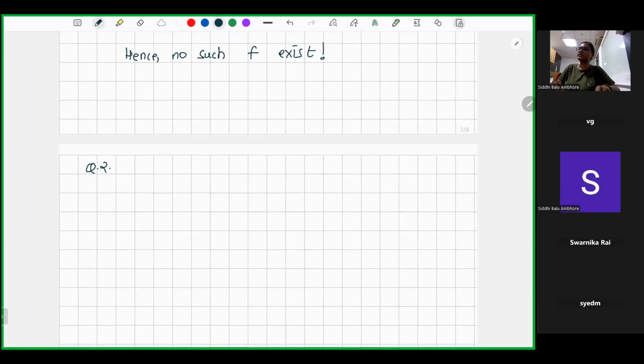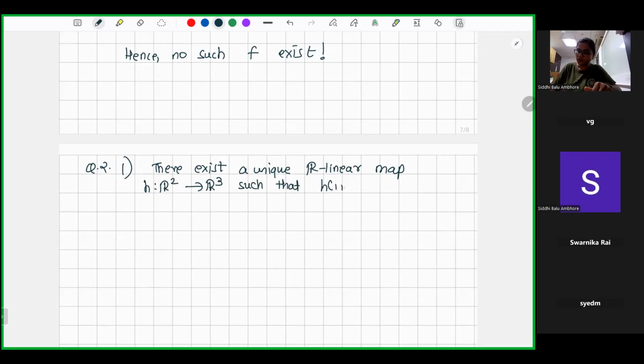What they are saying is that, since we have already calculated this, there exists, let us check, a unique R-linear map h from R2 to R3, such that h of (1, 2) is (1, 0, 0) and h of (2, 1) is (0, 1, 0), and the value h of (-1, 4) is uniquely determined.